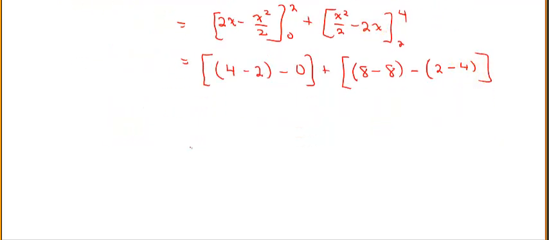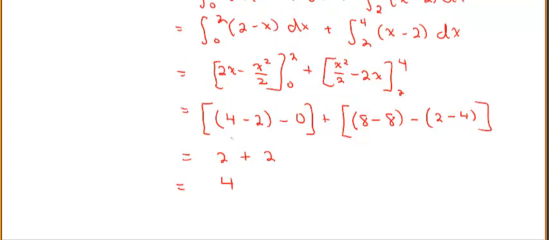So this is going to be 4 minus 2 is 2. Minus 0 is 2, plus I'll have 0 minus a negative 2, so 2 plus 2 is 4. Okay, so the value of this integral is 4.